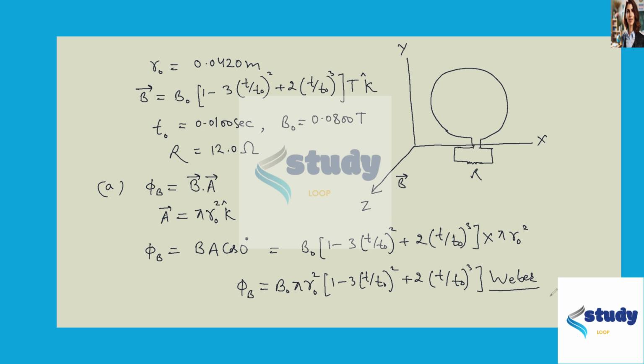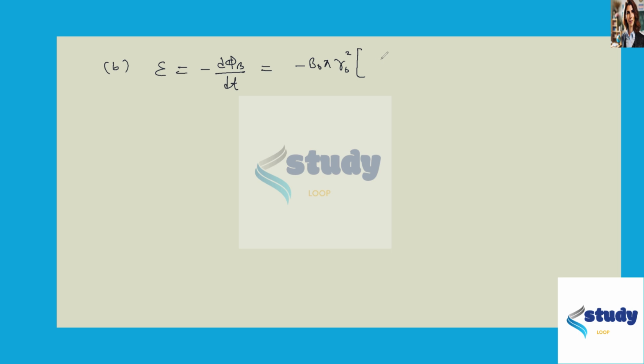So these derivatives will become 0 minus 3 by t naught square times the derivative of t square, which is 2t, plus 2 divided by t naught cube times the derivative of t cube, which is 3 t square.